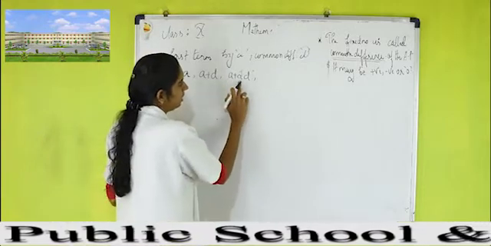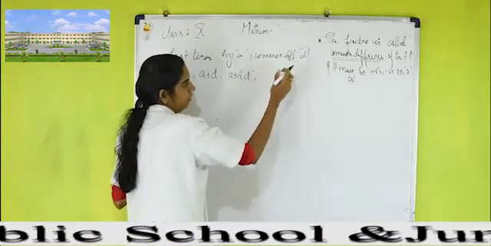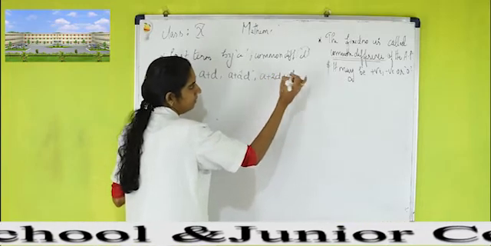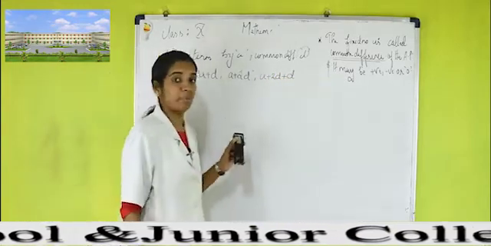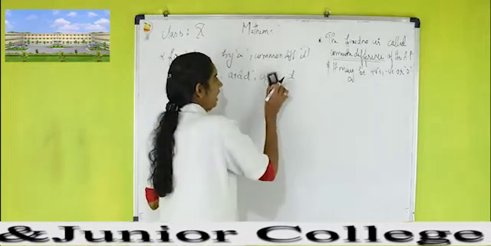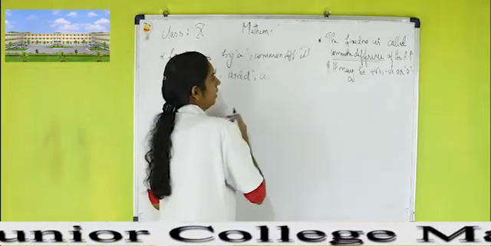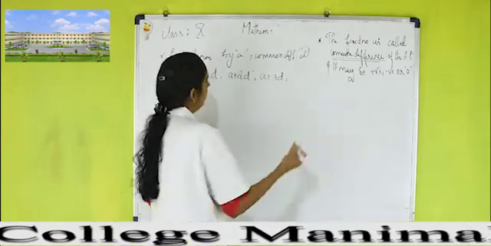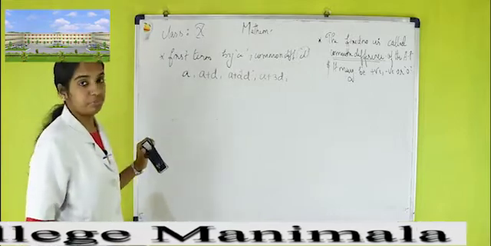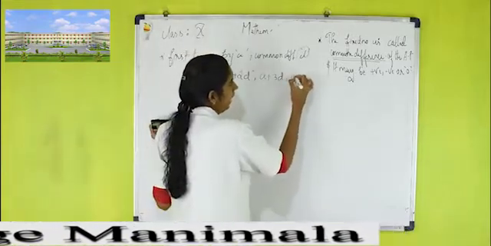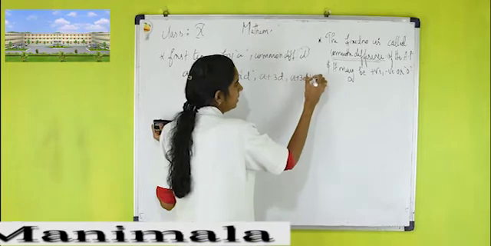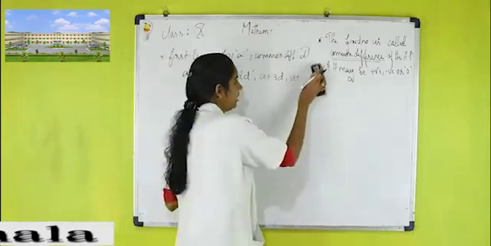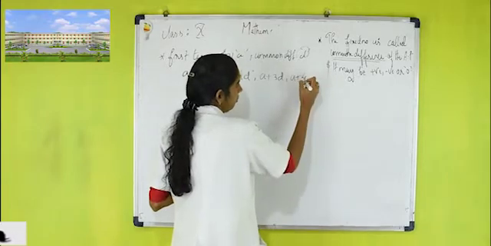Adding the common difference to the third term: A plus 2D plus D, that is A plus 3D. Clear? How will you get the fifth term? A plus 3D plus D, so we get A plus 4D.